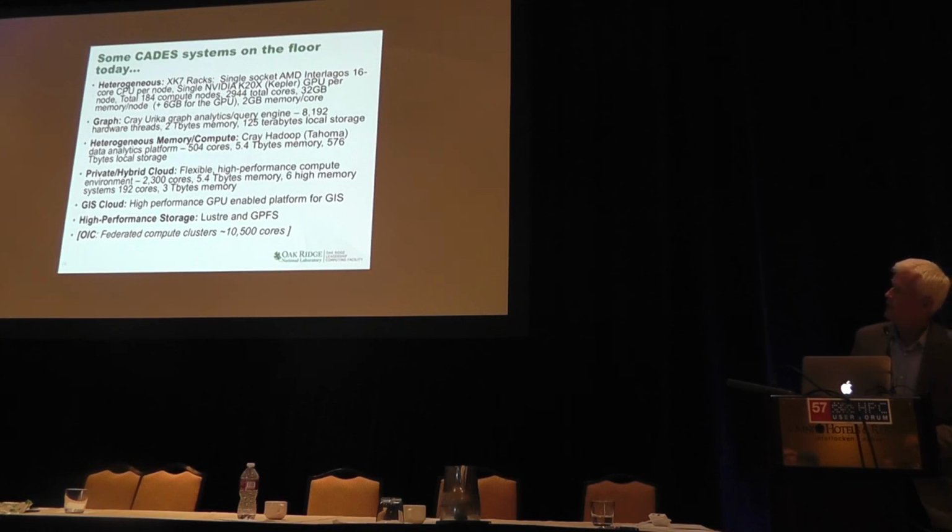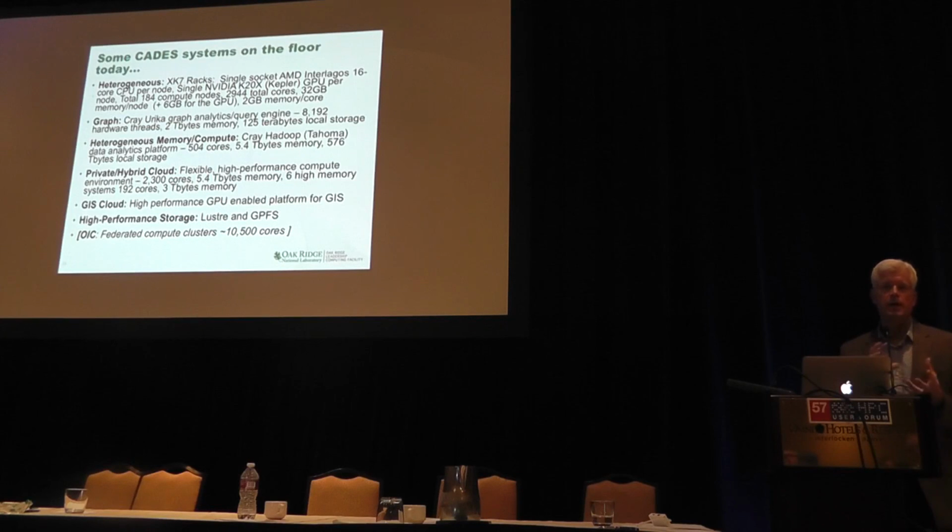So some of the CADES systems on the floor, I'll let you look at that. But for example, we have a Eureka system for graph reduce, the Hadoop systems, and we're looking at the OIC. I'll just point out at the very bottom, that's an Oak Ridge term for institutional computing, meaning we provide a lot of compute services in our directorate for smaller scale cluster capacity sorts of resources. And that's from an institutional investment.